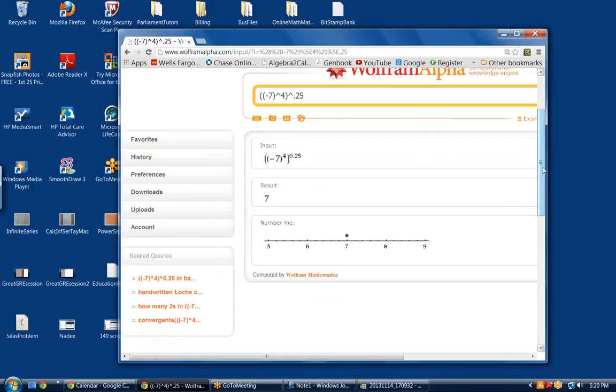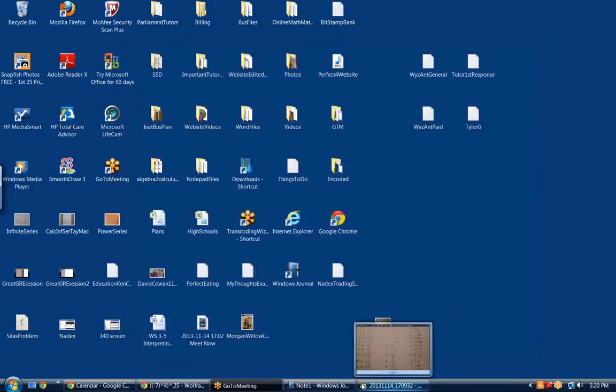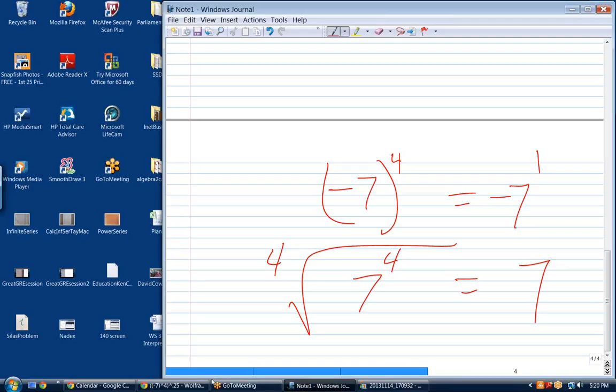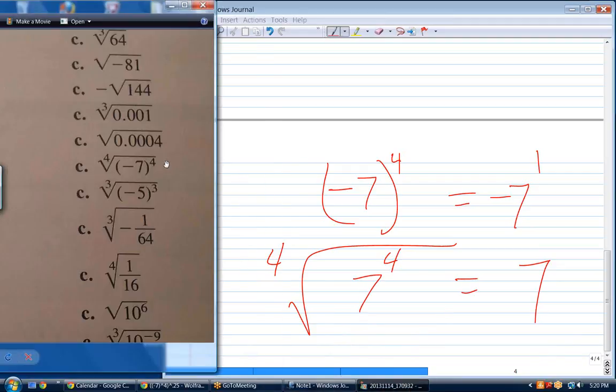I think this probably depends on the order of operations. Gosh. In other words, do you take the -7 to the 4th power first? Or do you multiply the exponents together first? And it makes a difference.